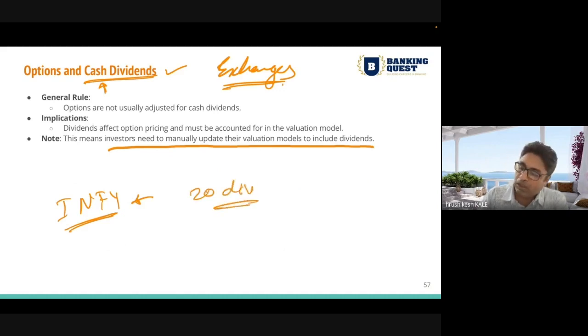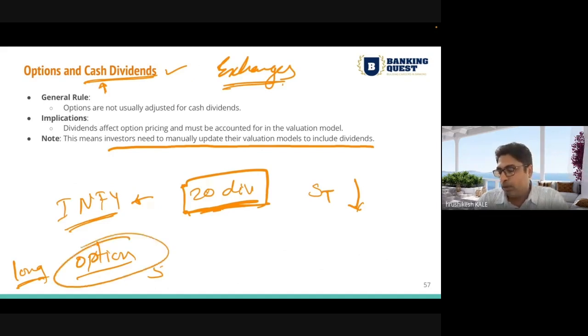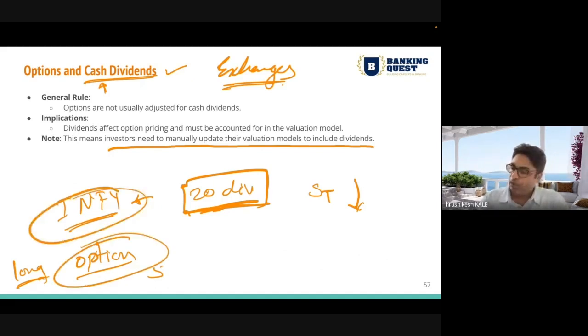Now, please understand options are just contracts. So if you're long an option, you are not getting this dividend. If you're short an option, you are not getting this dividend. But the spot price will reduce because of the dividend, and you need to suffer for that. And therefore, you need to manually update your valuation model.